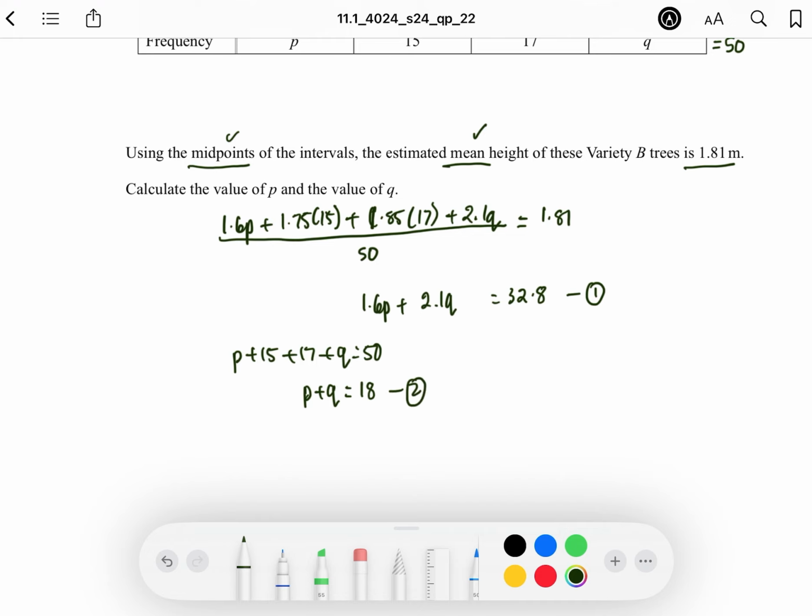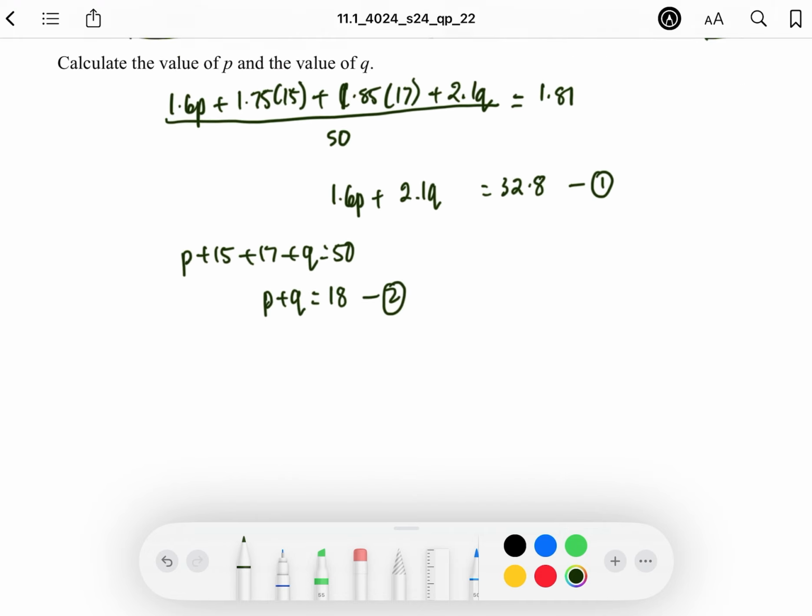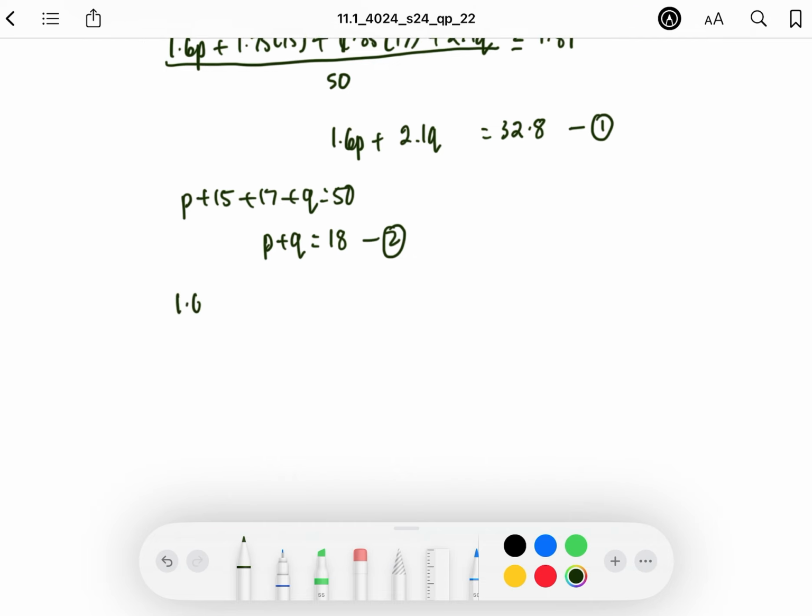So I've got two equations with p and q. Let me write this down on top of each other. I can do substitution, I can do elimination. In this case, substitution will be easier, but for the benefit of those who are used to elimination, I'll do the elimination.